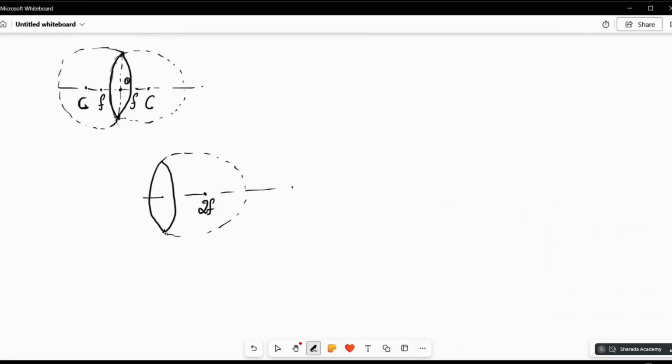This portion of the lens will also have a center of curvature, because if you extend it here, it will be there. So this is also 2F. This portion of the lens has some focus F, and this portion will also have a focus F. So we have two focus points and two centers of curvature here.